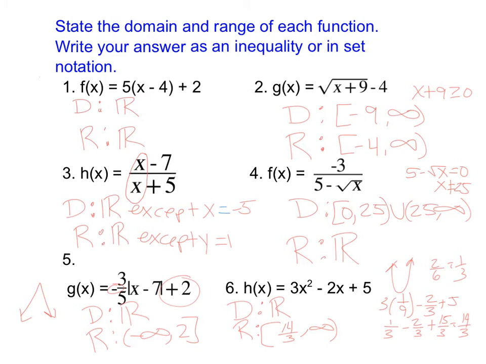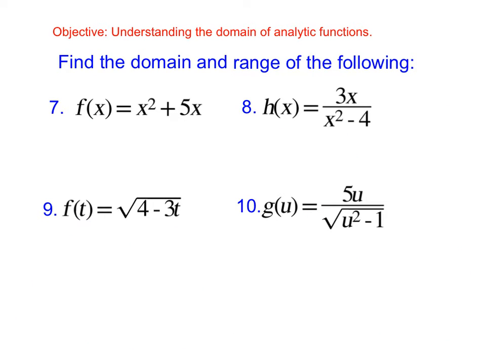All right, so a few more different problems. Same idea with this one. You can do negative b over 2a. You could also complete the square. I think that actually makes this easier. Minus 25 over 4.